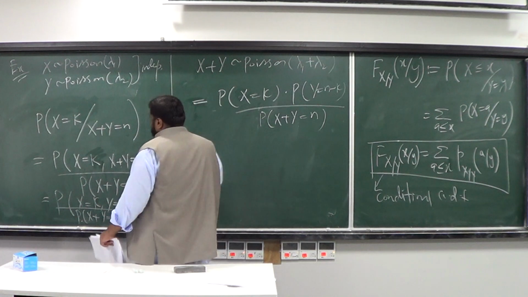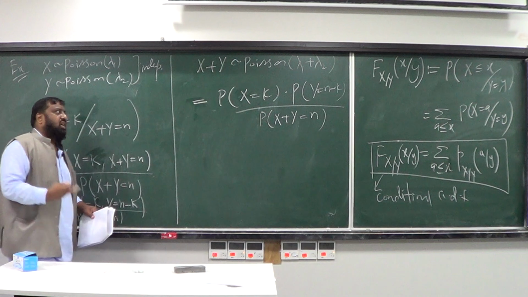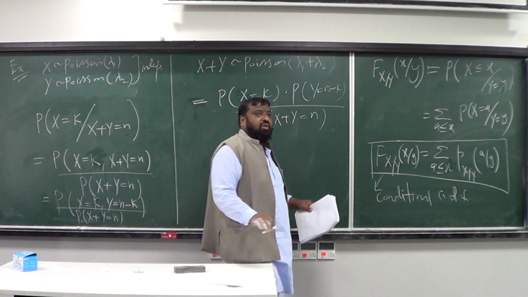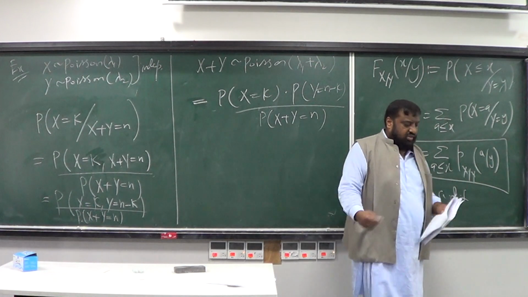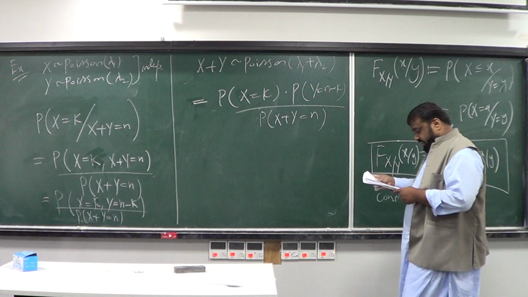Now we know these probabilities explicitly, because we know the distribution of X, the distribution of Y, and the distribution of the sum of X and Y. So now just substitute the values.